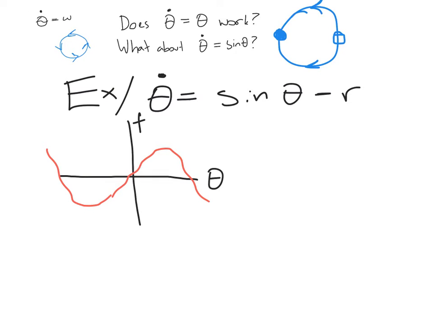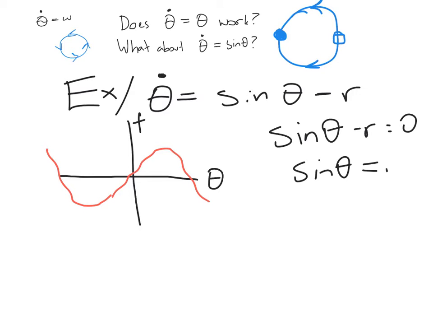To think about fixed points, I'm going to think about points where sine theta minus r equals 0, so where sine theta equals r. To think about those, I'm just going to graph intersections. Here's sine theta, and I'm going to graph r on these same axes. So r could be up here, or it could be down here.